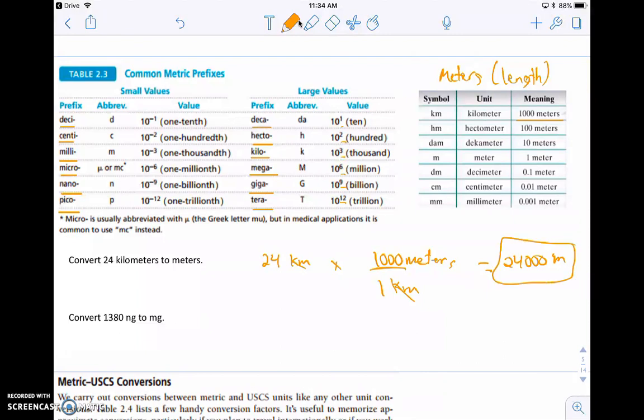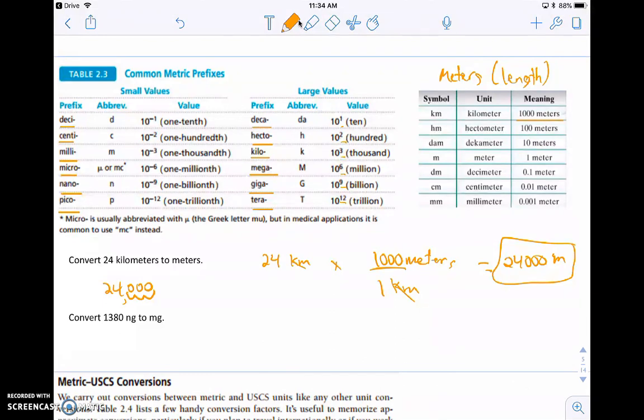Okay, another way that this is done, and this is what's nice about the base 10 system, is if we start with 24 kilometers and we want to go up to meters, well, we know that kilometers are bigger than meters, so then we know our number is going to be getting bigger, and kilo is 1,000 times bigger, or 3 decimal places, so we move the decimal place 3 places to the right, and you get 24,000.